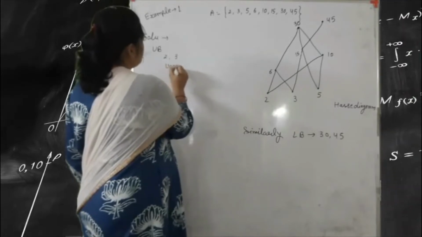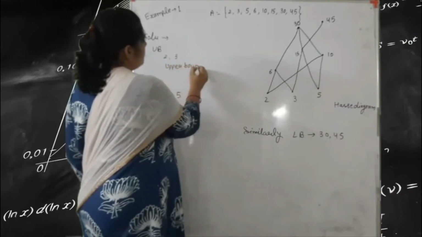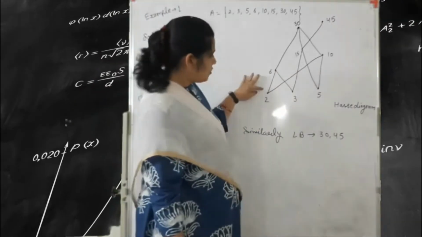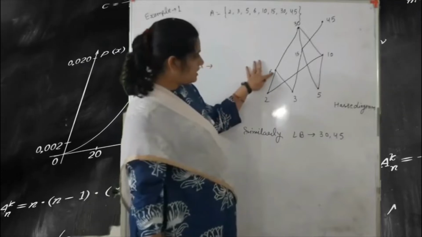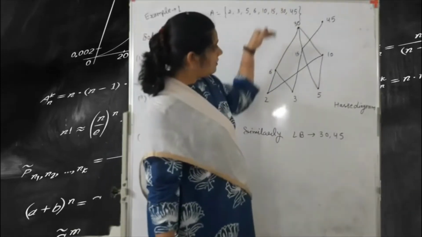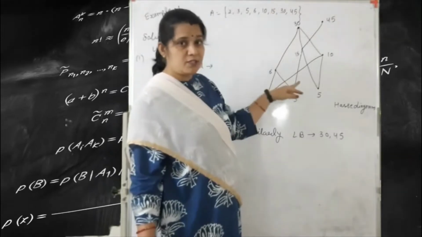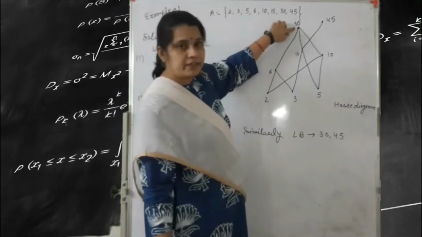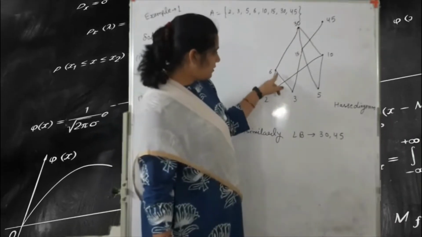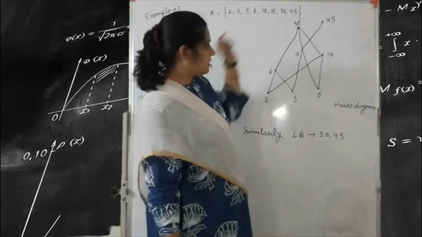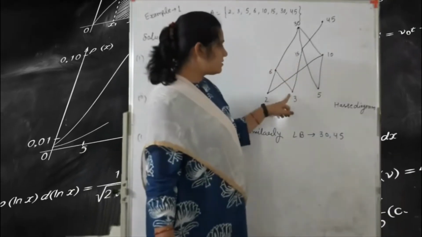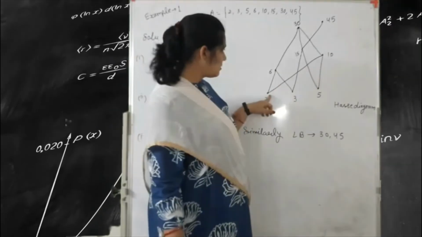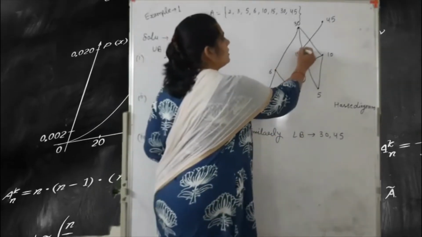So the upper bound of 2 and 3 is what? Here this is the 2 and 3. Obviously 2 is connected to 6. All the upper vertices are the upper bounds of these two vertices. So 2's upper value is 6 and here it is connected to 30. 3's upper value is 6 and here it is connected to 30. For example, 15 is no doubt the upper bound of 3, but this is not the upper bound of 2 because 2 and 15 are not connected, not related here.